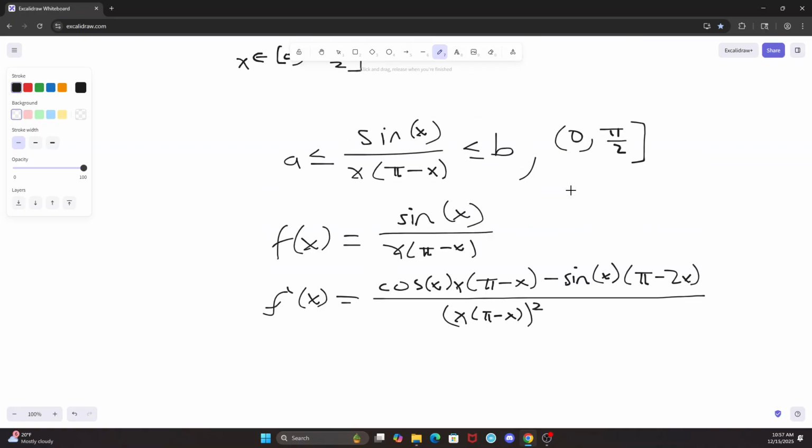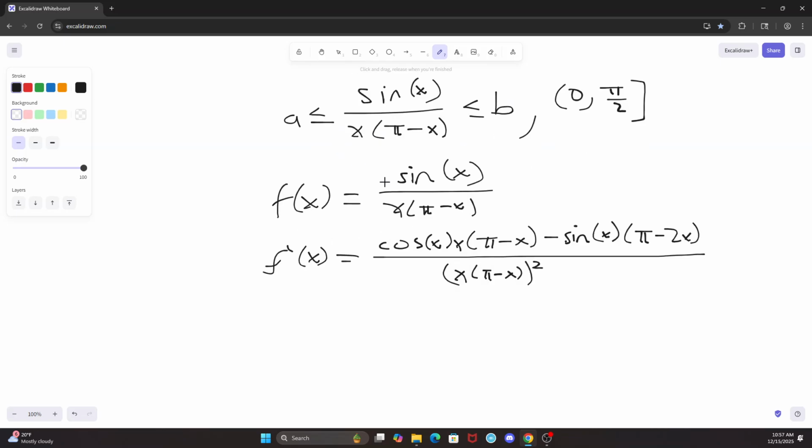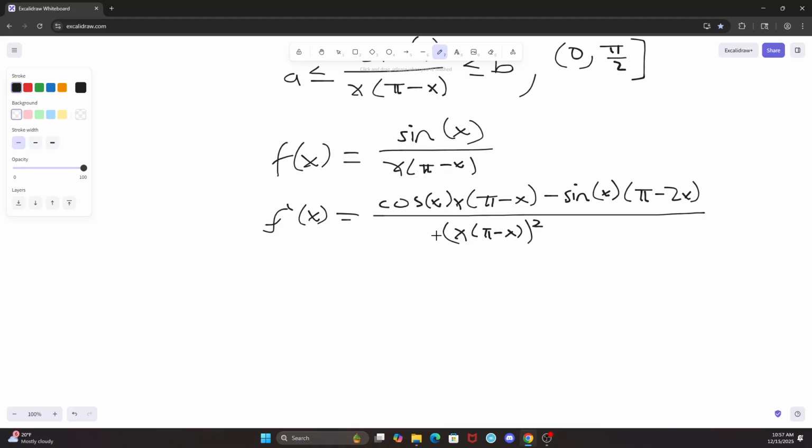We want to see when this function is increasing or decreasing, so we really only care about the sign of its derivative and not really its magnitude. The denominator of f prime is always positive since it's squared, so we really only have to look at its numerator. So let's let g of x be this numerator.